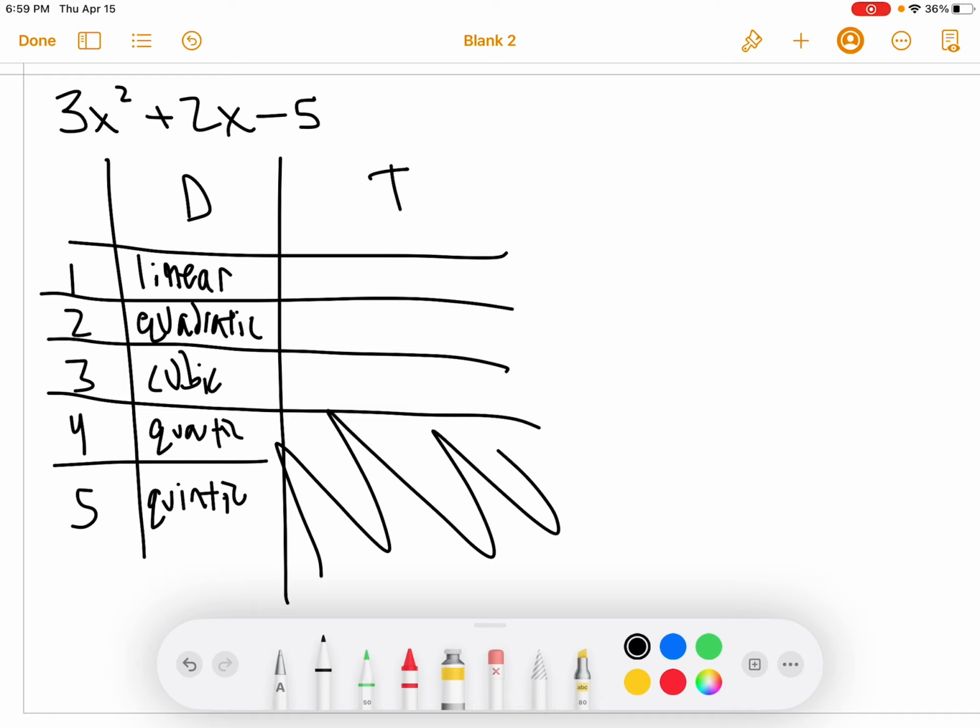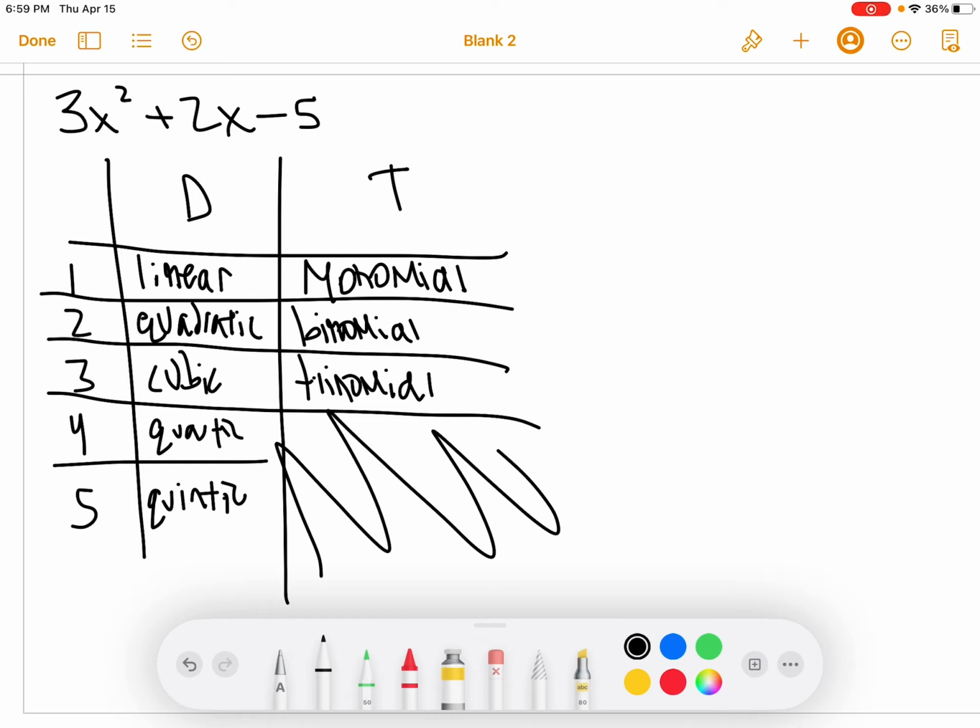For the number of terms, if there's only 1, it's called a monomial. 2 is a binomial. 3 is a trinomial. The reason I grayed out that area is that you don't typically see a name for anything with more terms than that.